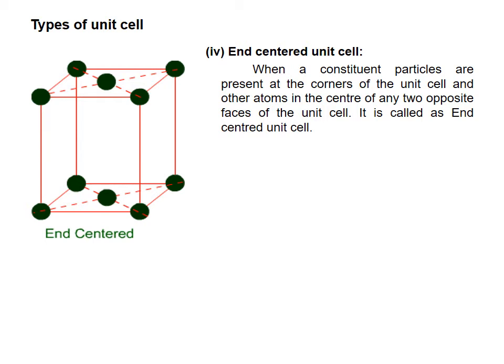This type of unit cell is not formed by the cubic crystal system. These types of unit cells are formed only by orthorhombic or monoclinic crystal structures. Hence, the number of atoms present in the unit cell is not calculated.